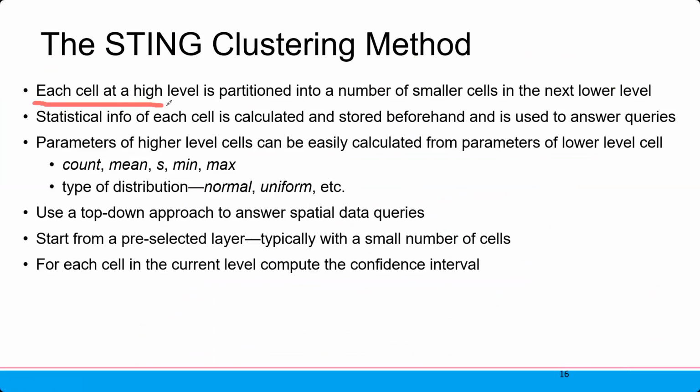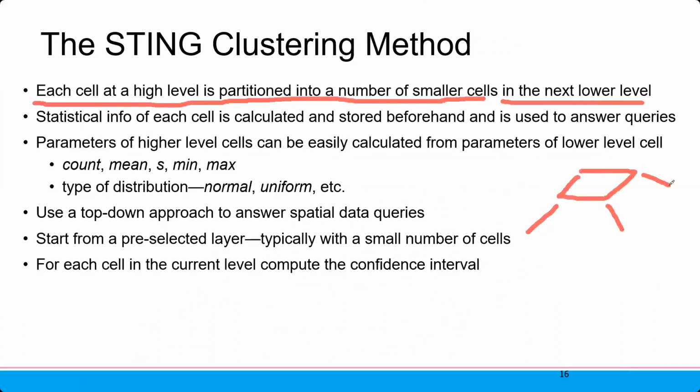Each cell at the high level is partitioned into a number of small cells in the next lower level. So the higher level is partitioned into the smaller one. So we have smaller resolution.